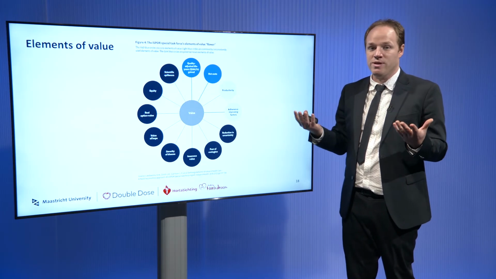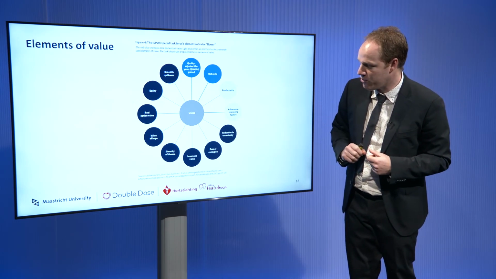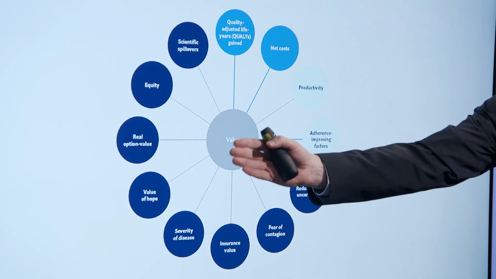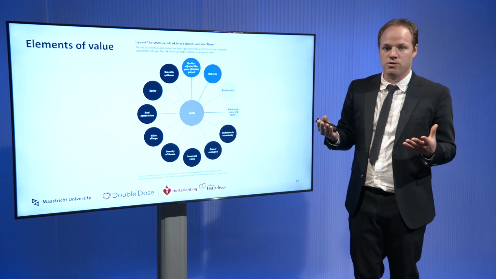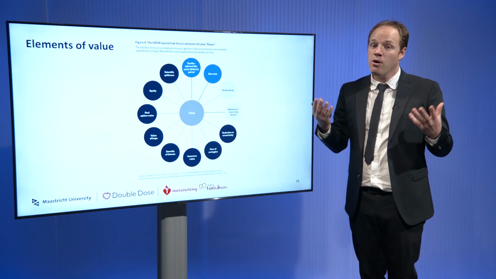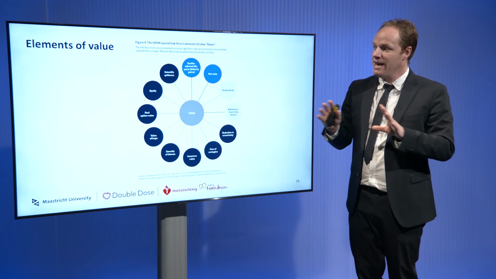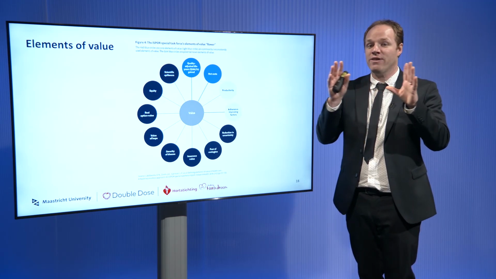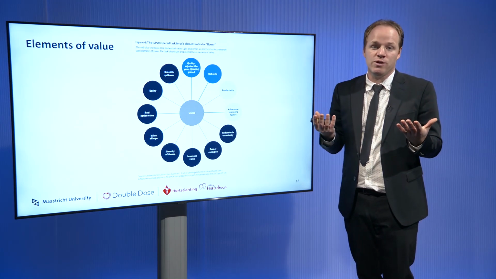The importance could depend on the type of intervention and include, for example, the fear of contagion, the severity of the disease, the value of hope, the real option value, the equity, or other considerations. For payers, there may be a lot of dimensions that are becoming important, and we also see a kind of development to incorporate a lot of elements of value that could be important to really make a good informed decision making.